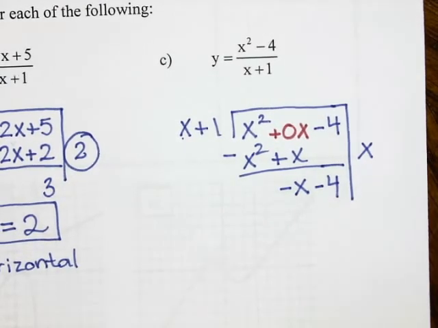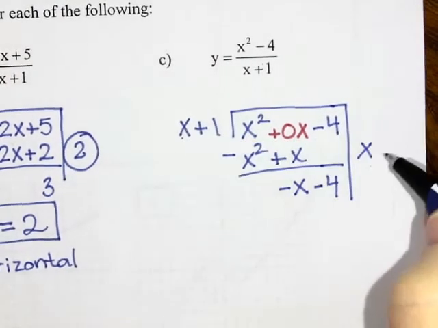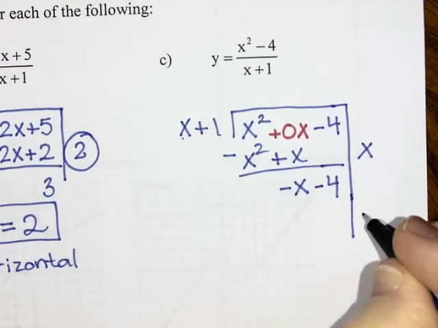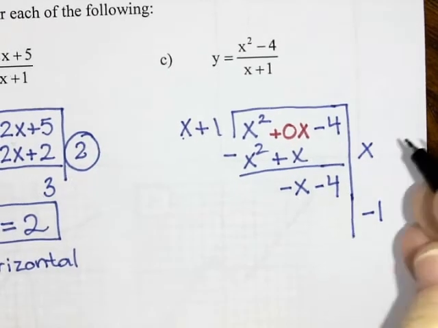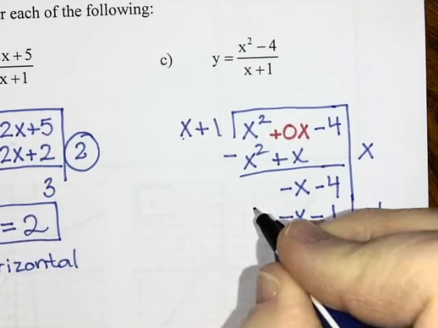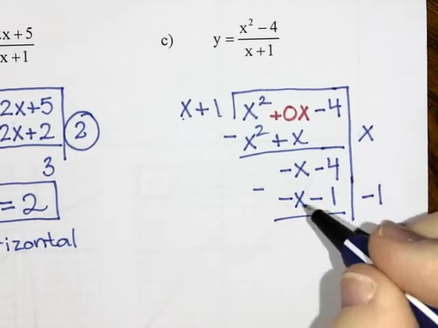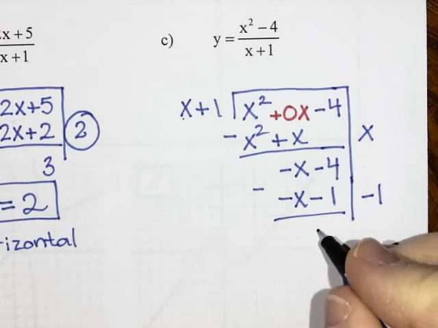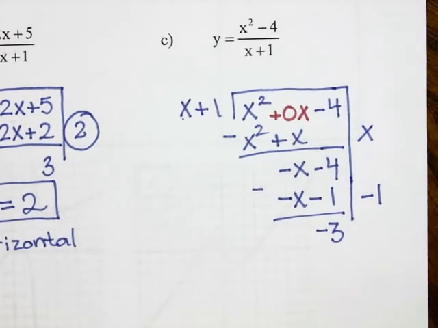Okay, and then from here, how do I turn an x into a negative x? I need to multiply by -1. So this is negative x minus 1, and then I subtract. So negative x minus negative x is 0. -4 minus -1 is -3.